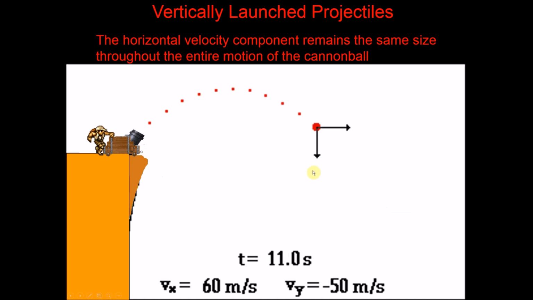So we fire in the y direction at 60 meters per second, 0 at the top of travel, and then 60 meters per second when it reaches the same height as the cannon. If it continues to fall, as in this example, then it can exceed the 60 meters per second it was initially fired with.